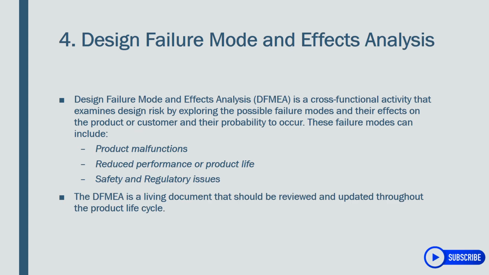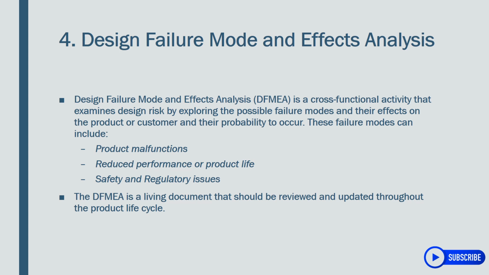The fourth element is design failure mode and effects analysis, also called DFMEA in short form. The DFMEA needs to be done as a cross-functional activity that examines the design risk by exploring the possible failure modes, their effects on the product or customers, and the probability of occurrence.